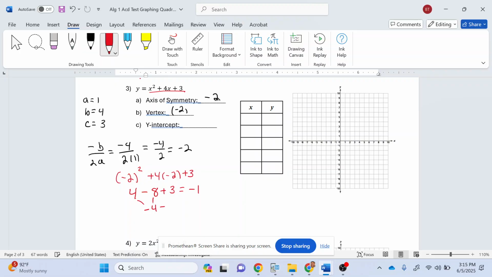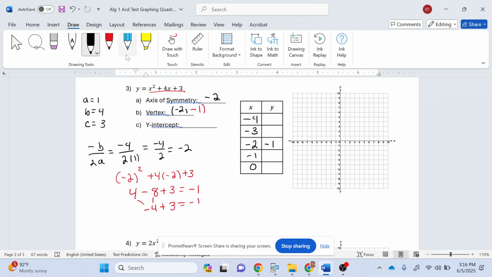We need to do it so we could get the y value of the vertex. Now, you could check your answer by using the table graph and seeing -2, -1. But now you know this is the vertex. So that allows me to put it in the middle, -2, -1. Go 2 smaller, -3, -4. And 2 bigger, -1 and 0.